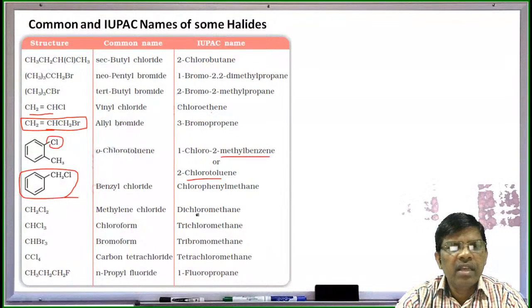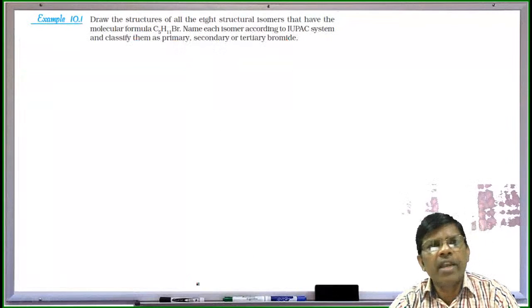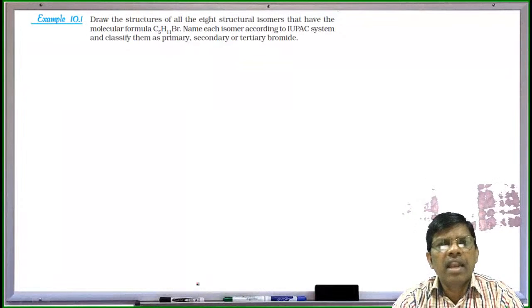Dichloromethane, which nowadays is also used as the common name. Trichloromethane is also known as chloroform, and tribromomethane is known as bromoform. CCl4 is carbon tetrachloride, and N-propyl fluoride is 1-fluoropropane. These are all the common names we come across in the laboratory.